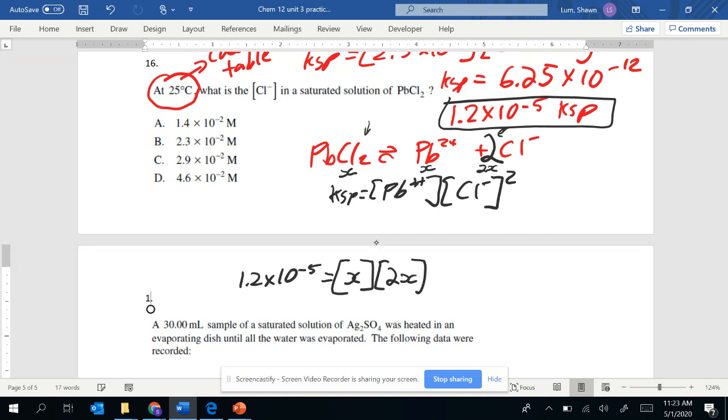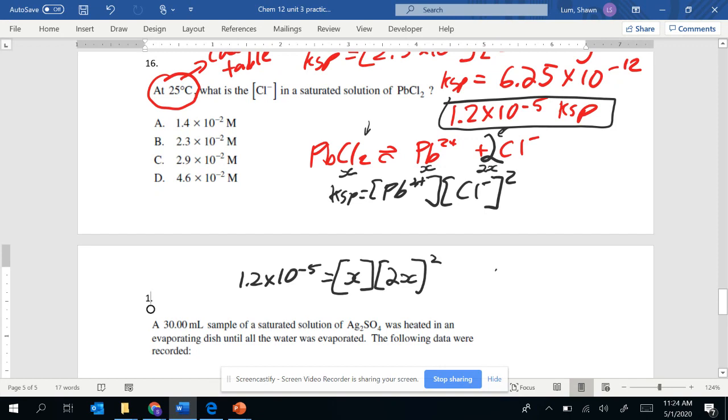Okay, so I know I said before you don't normally write a 2 right here, but it's more like we know that the concentration of chlorine is going to be twice as much as the concentration of lead. Now this concentration of chlorine is squared. Okay, so now I'm going to do some math to figure this whole thing out.